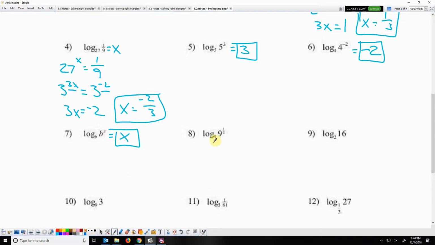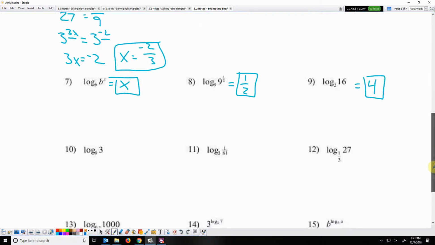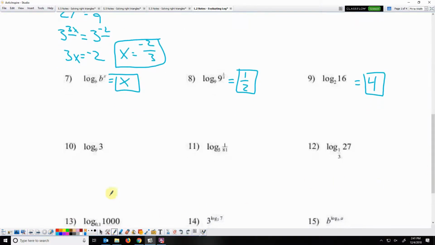What power makes 9 to the 1/2 power? Or 9 to what power makes 9 to the 1/2 power? 1/2. 2 to what power makes 16? 2 to the 4th power makes 16. 9 to what power makes 3?